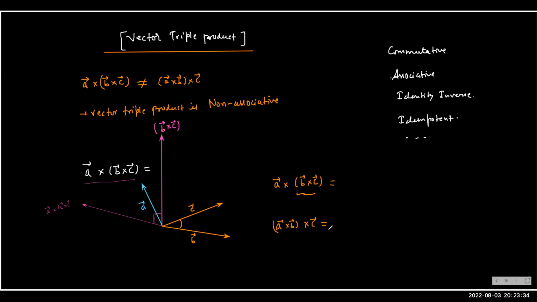The plane of A and B. Okay, so this lies in the plane of A and B, and that lies in the plane of B and C. So the association is very important. To whom you associate will eventually decide the plane in which the entire triple product will lie.